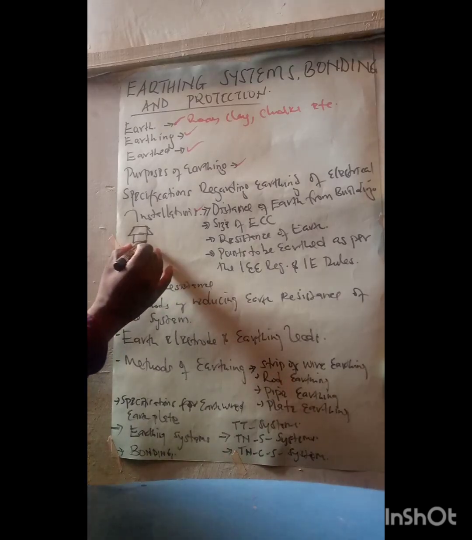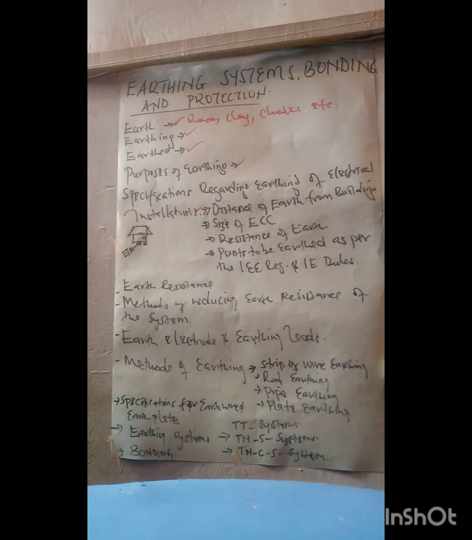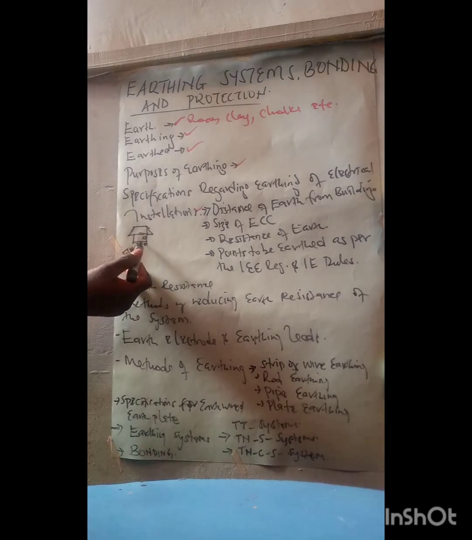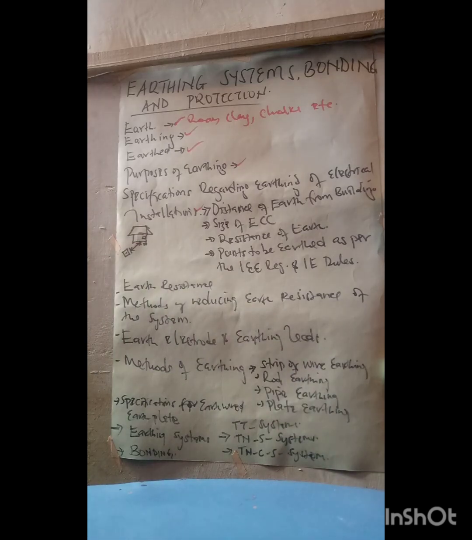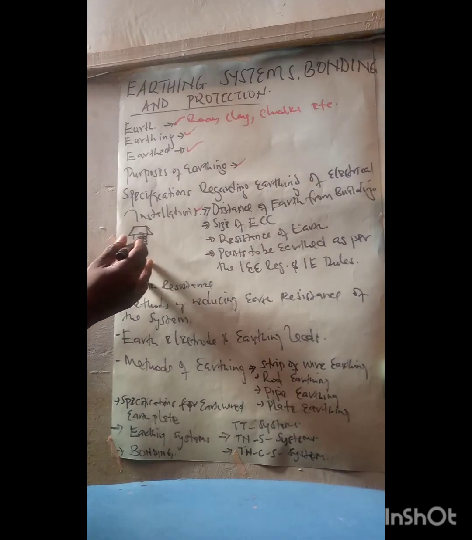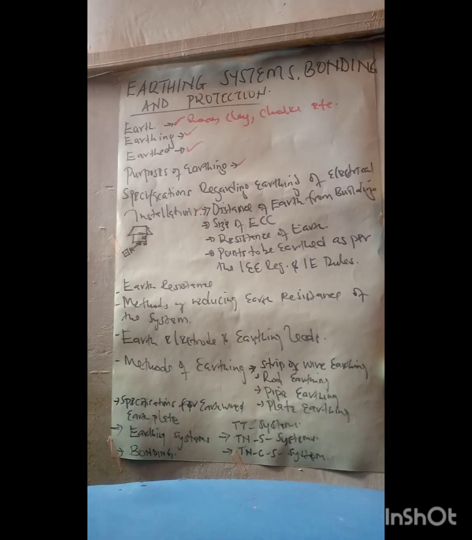On many occasions you find there's a meter box here, and somebody just has an earth pit next to the building. So the earth pit should be 1.5 meters away from your building. So in case of any earth fault, then it can be taken away from the building. That's the main reason. Many people don't consider that fact.